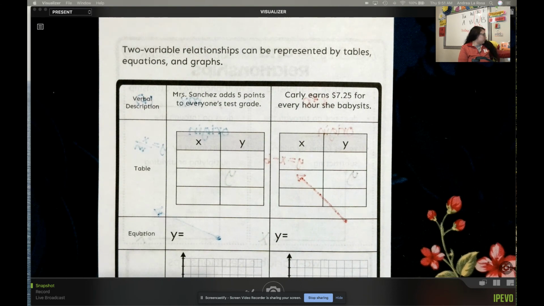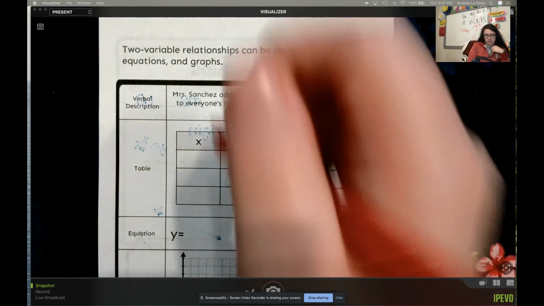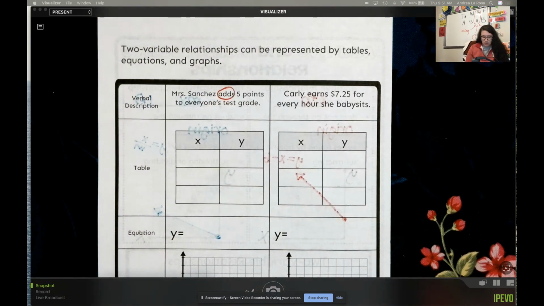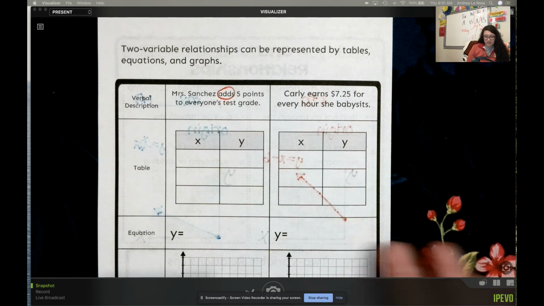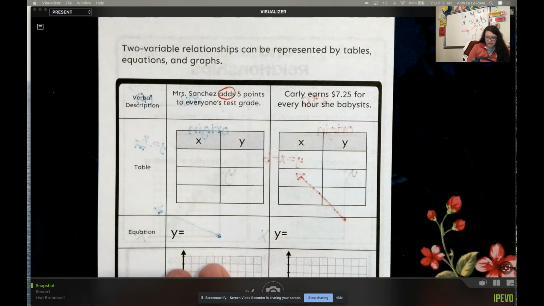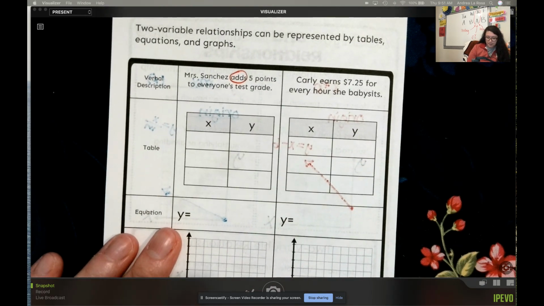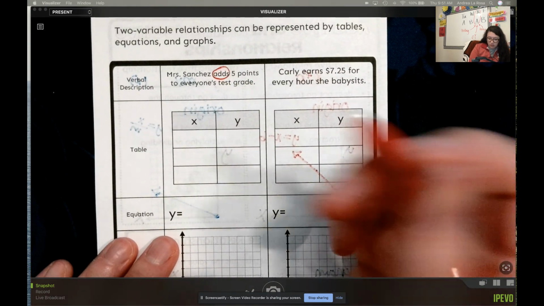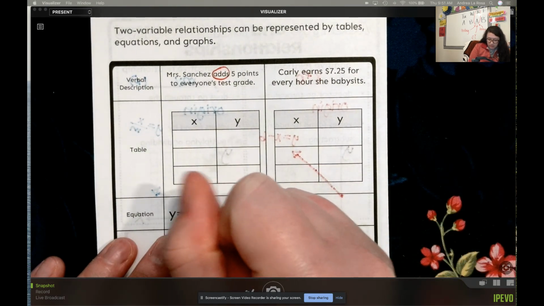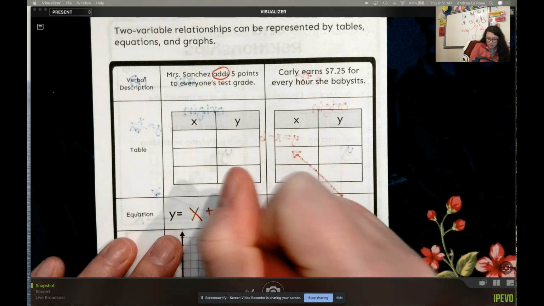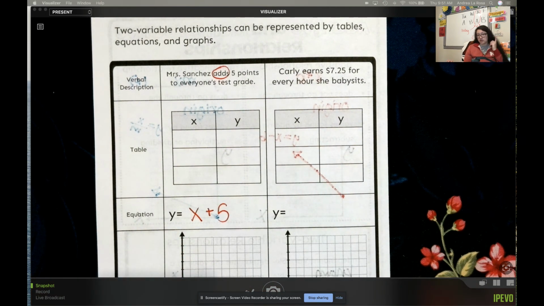If I'm adding points onto a test grade, is that additive or multiplicative? Additive. How much is she going to add to everybody's test? 5. From those words, I think it's easy to come to our equation and say, I'm going to take my test score, my x, and I'm going to add 5 to everybody. My equation is going to be x plus 5.